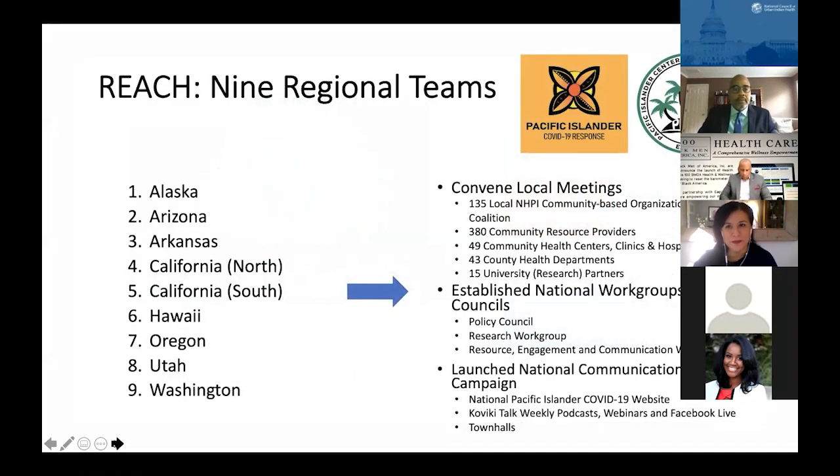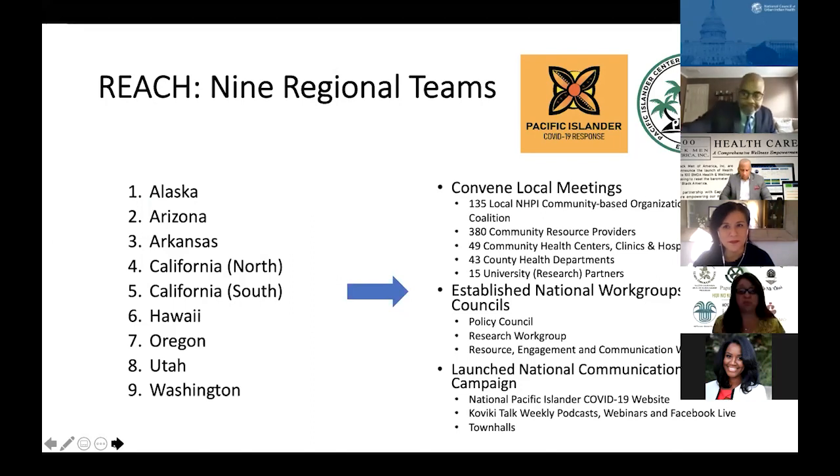So when we look at our California partner, and again, I say California because that's the scope of the contract, but this group, including ourselves, reaches across all states across the nation, as well as down into the Pacific. So there's 9 regional teams, and you'll see that they've been doing things at the local level in the different state areas, as well as nationally.